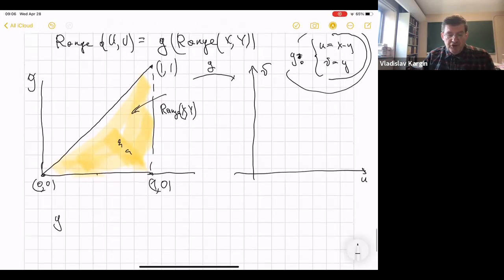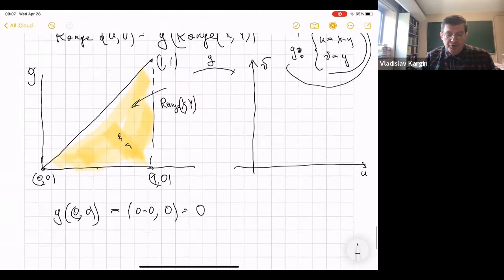So g of 0, 0. Since u is equal to x minus y, the first coordinate is 0 minus 0, and the second coordinate is just y, so it's 0. The first point goes to itself.